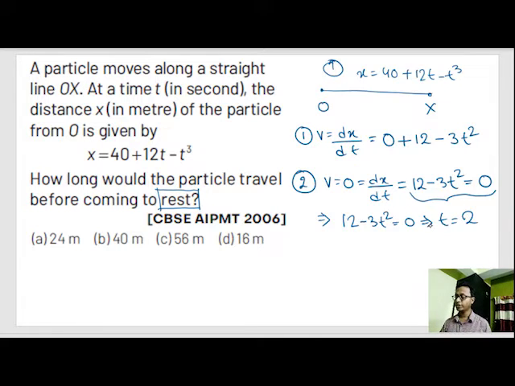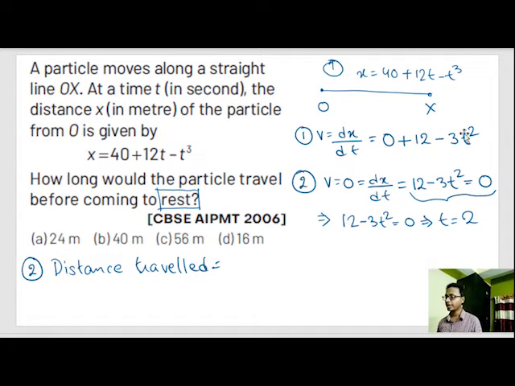So from t equal to 0 second to t equal to 2 second, how long would this particle travel? This is our question. So therefore, distance traveled is equal to position of the particle at t equal to 2 seconds minus position of the particle at t equal to 0 second.